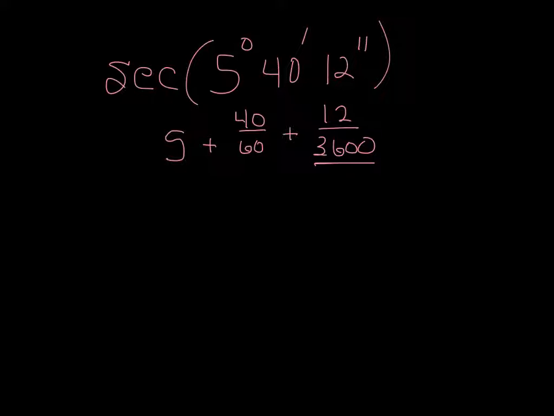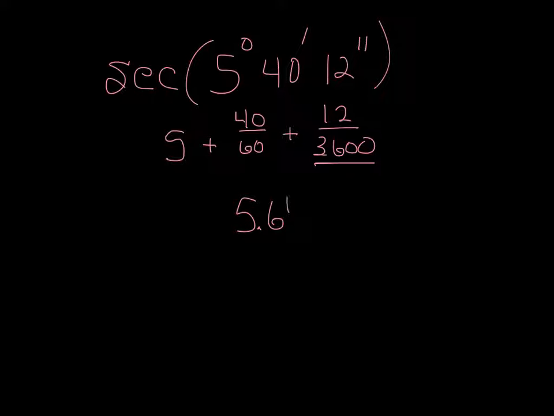Wait, why are you adding? Because we want to convert it to a decimal so we can find the secant. Your calculator has minutes, but it doesn't have seconds. So if you plug 5 plus 40 over 60 plus 12 over 3,600 into your calculator, what do you get? 5.67.